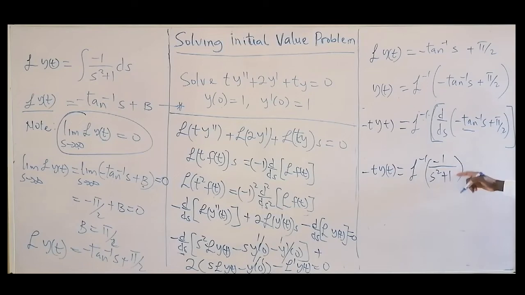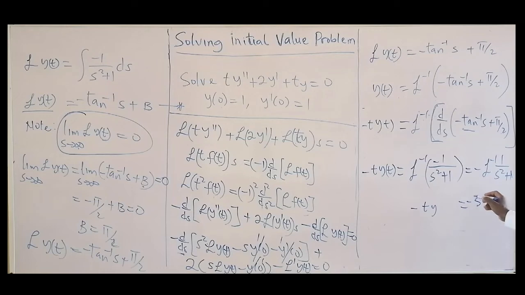Then the minus can go outside the inverse of 1 over s squared plus 1, and that will be minus sine t, and that's t y.